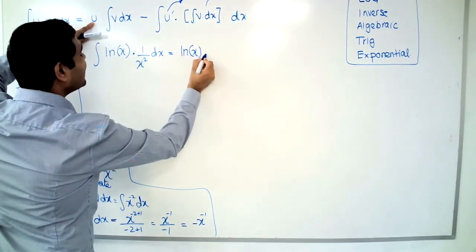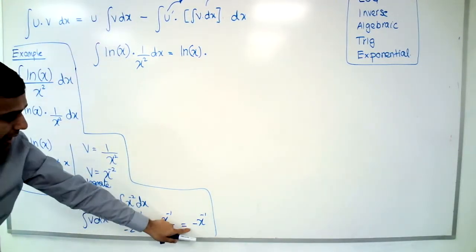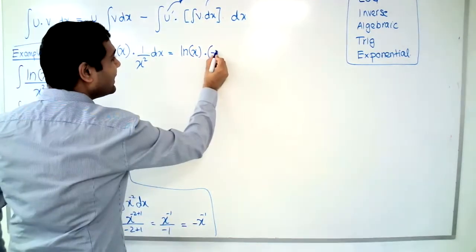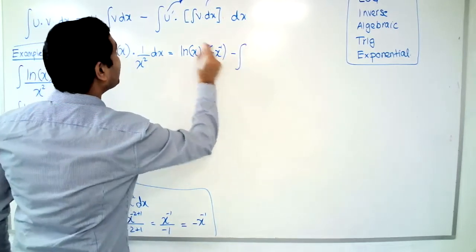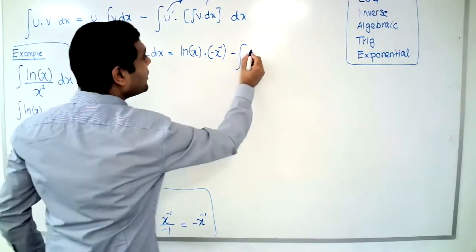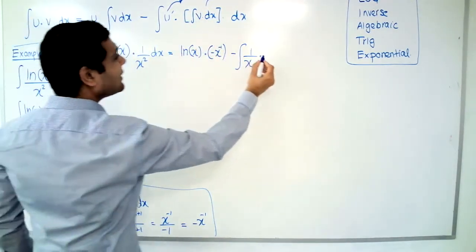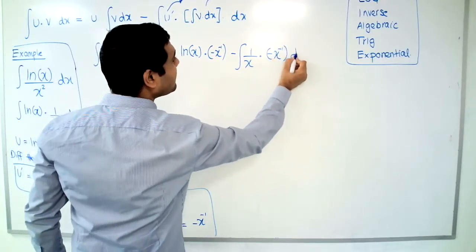What is v? I've already done that one: minus x to the minus 1. What's the u dash? 1 over x. Thank you. 1 over x. And v is minus x to the minus 1.